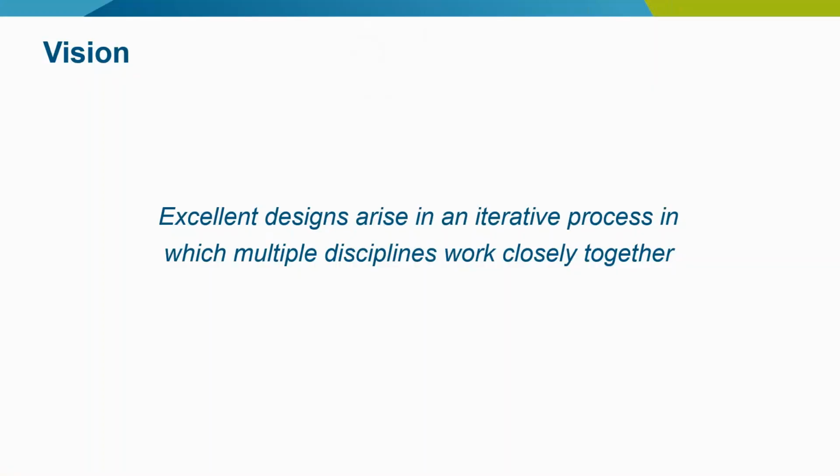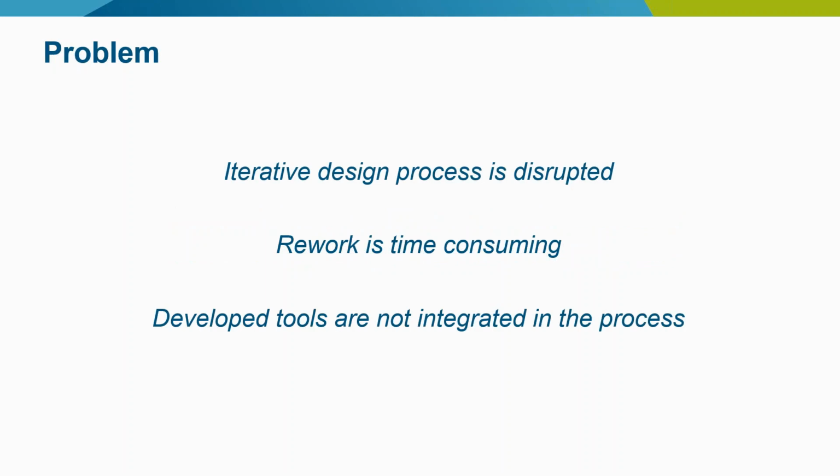I think digital engineering is important because excellent designs arise in an iterative process in which multiple disciplines work closely together. And I think we need digital tooling to achieve this, because what we see in the current workflow is that the iterative design process is disrupted. For example, when there's a design change, we have to do rework, and that's time consuming and also error prone.